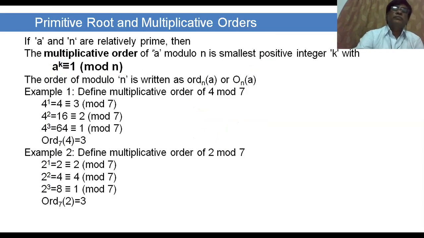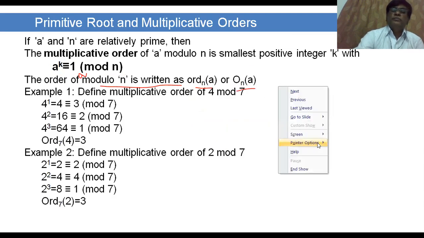The order of a modulo n is written as ord n of a, or o n of a.